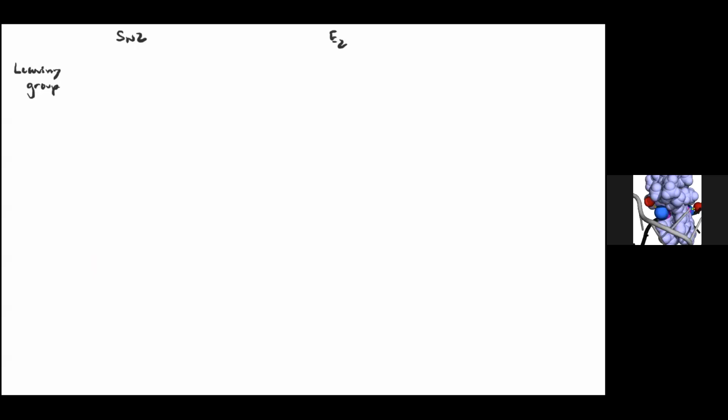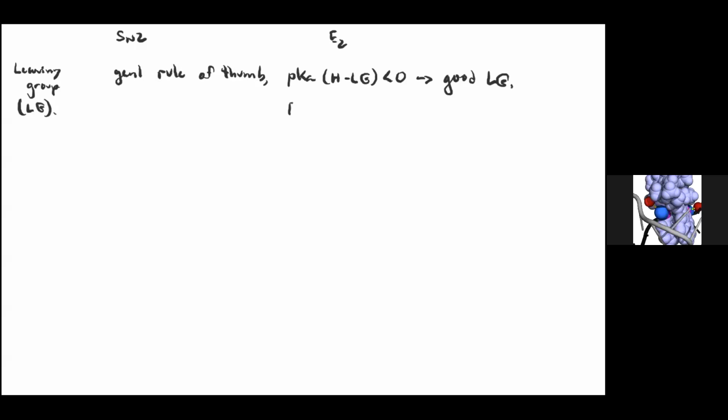A general rule of thumb is that good leaving groups are those where the conjugate acid of the leaving group has a pKa less than 0, and bad leaving groups are those where the pKa is greater than 0.